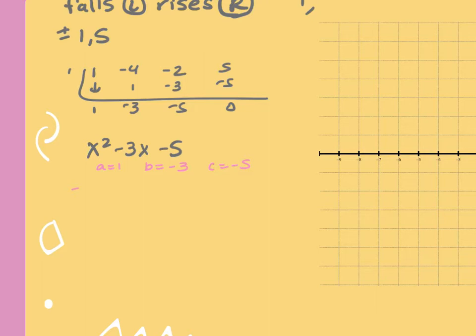So the opposite of negative 3 would be positive 3 plus and minus the square root of negative 3 squared minus 4 times a times c all over 2 times a. 3 plus and minus the square root of 9 minus 4 times 1 times negative 5, which is plus 20, over 2. 3 plus and minus square root 29 over 2.